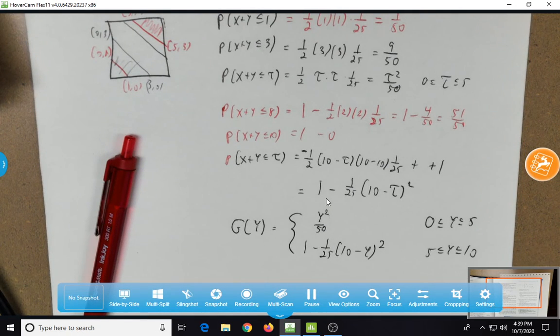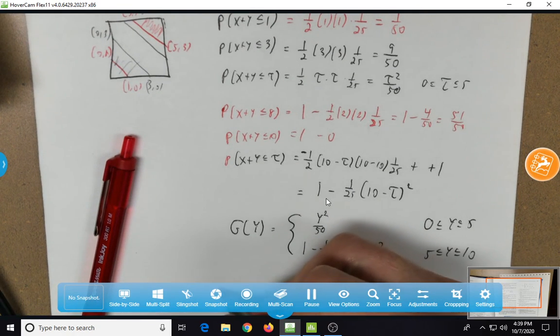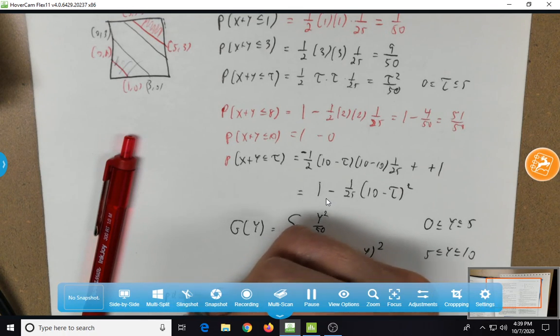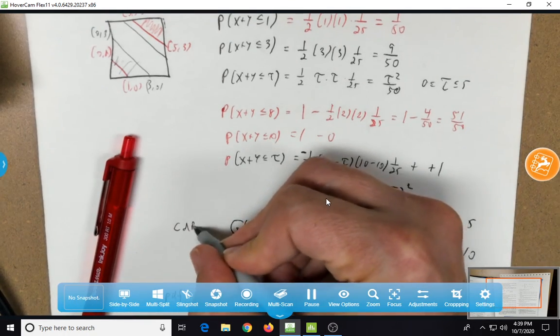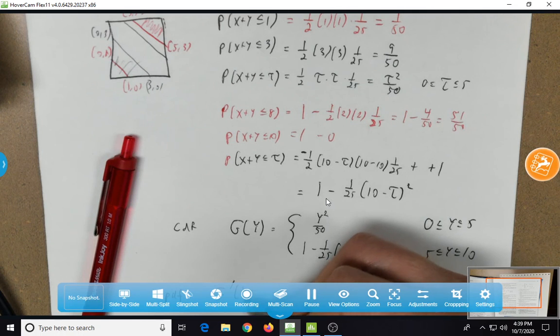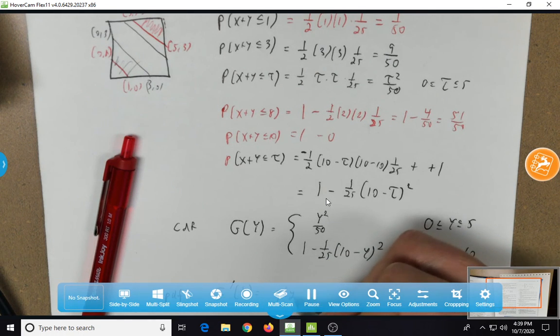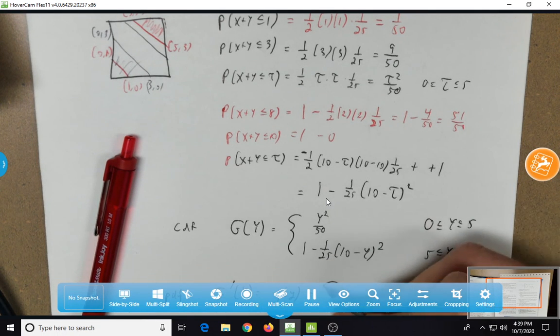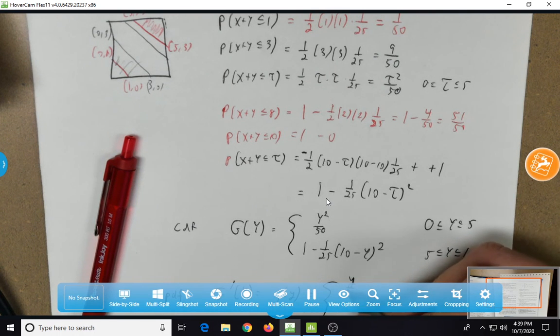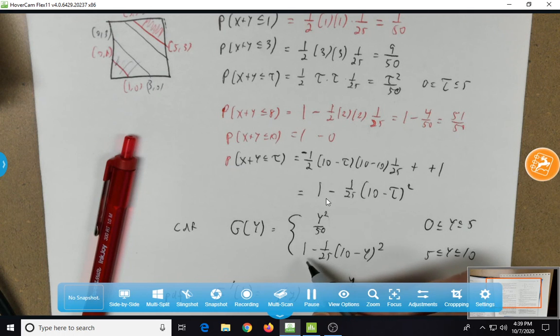Well, now let's find the PDF. If this is the CDF, then this would be the PDF. G prime of y will be the derivative of g of y, which is y over 50. I'm sorry, y over 25, and that's if y is between 0 and 5. And if I take this derivative, well, y will go away.